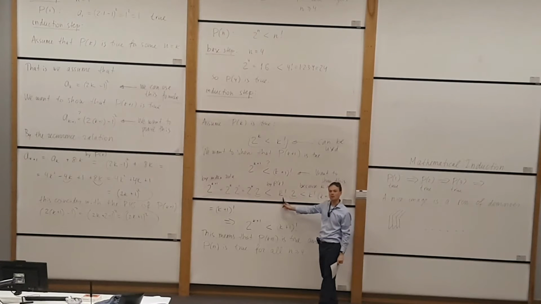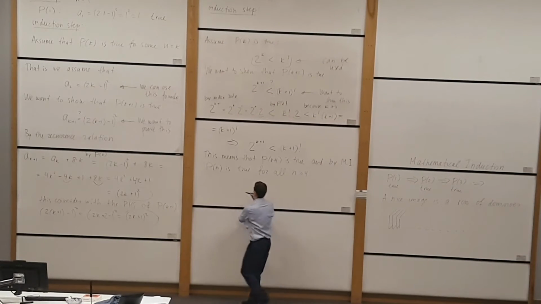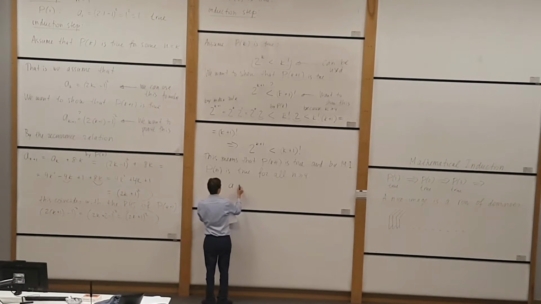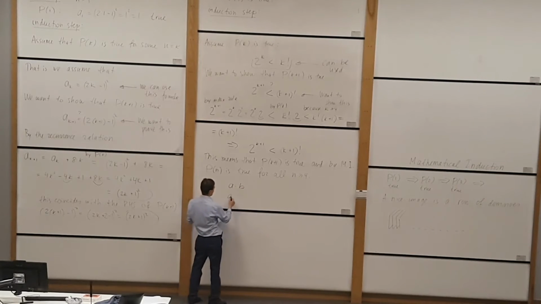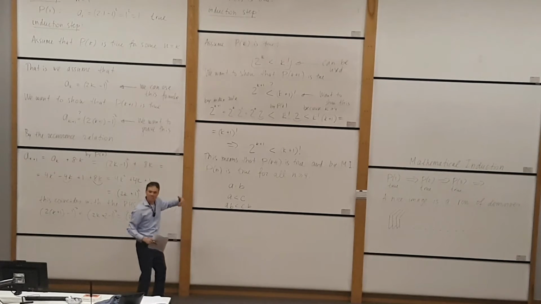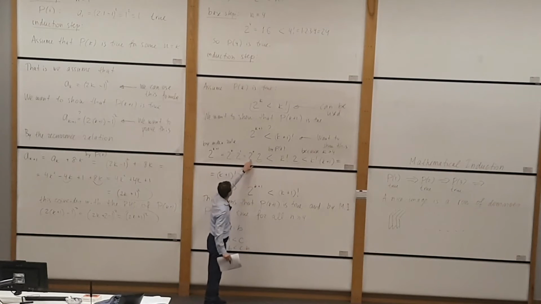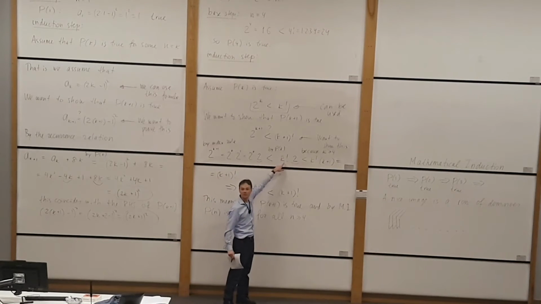We're using inequality. If you have two factors, a times b, and a happens to be less than c, then multiply both sides by b, and you get ab is less than cb, right? So I kept one factor as it is, but the other one I replaced by a bigger quantity.